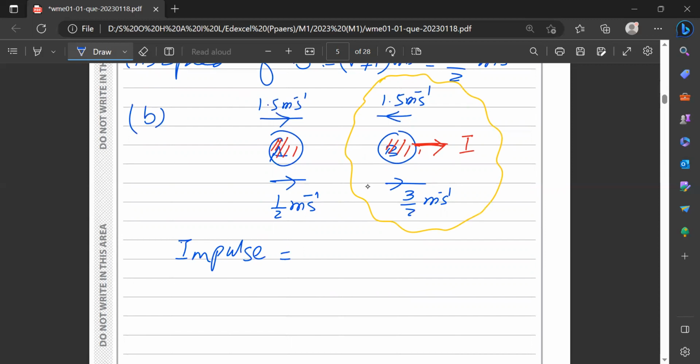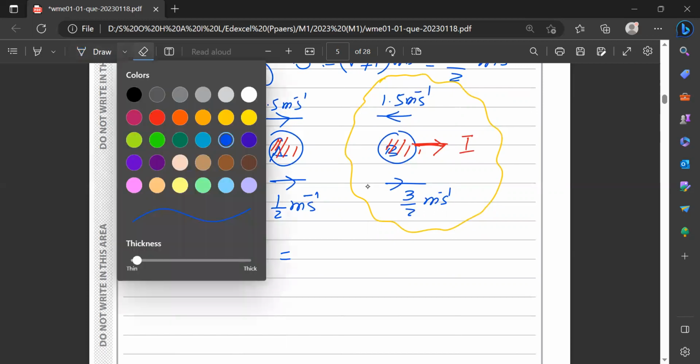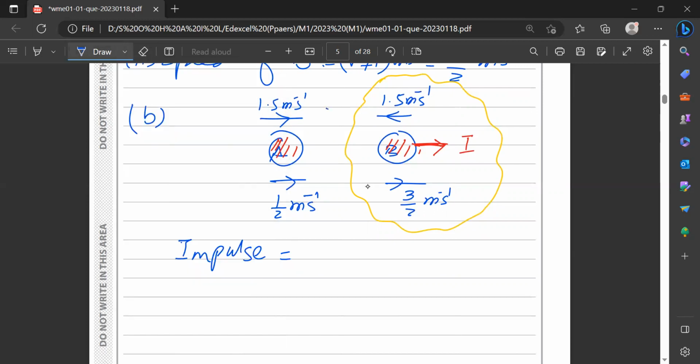Momentum after minus momentum before. So I mark this red arrow towards the right. And yes, after the collision the speed is towards the right. So I can write here 3 over 2, final momentum, this was of mass m kg.